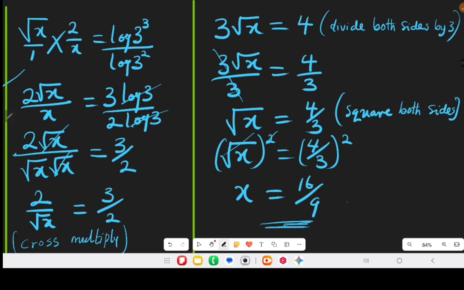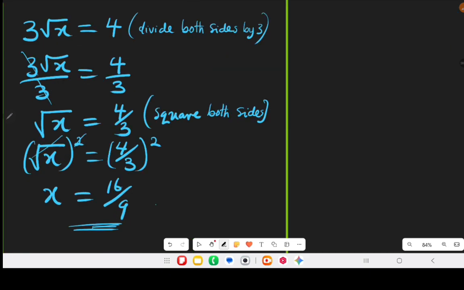Now we want to check if our answer is correct. To check, we put the value of x equal to 16 all over 9. We write down the original equation. The original equation is 9 raised to the power of root of x equal to square root of 27 raised to the power of x.